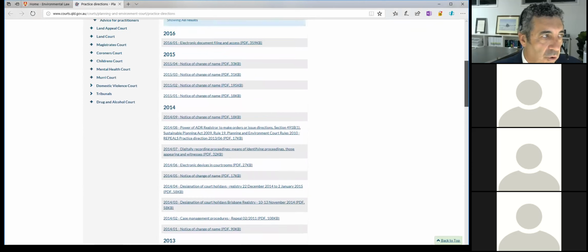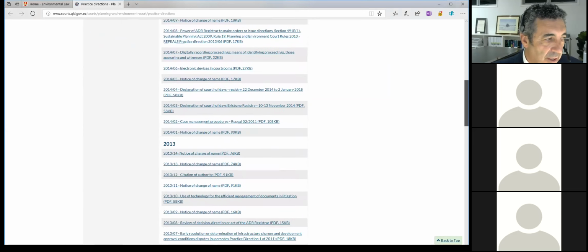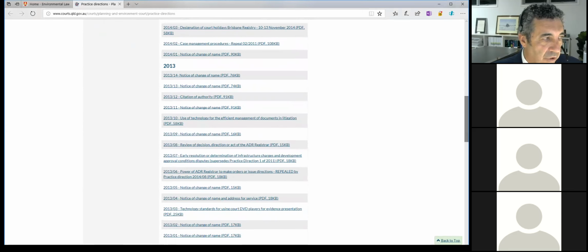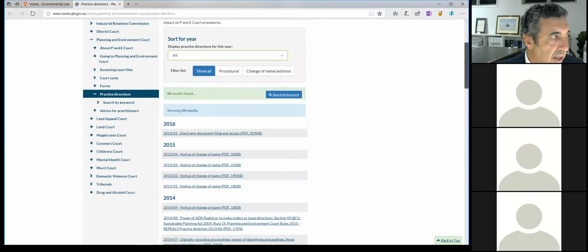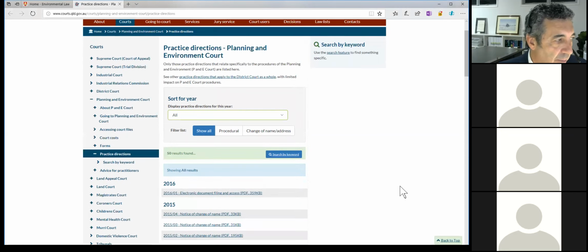You probably need to talk about alternative dispute resolution and perhaps the powers of the ADR registrar to make orders and issue directions in relation to dispute resolution issues. You'll see there's a note that some of these important practice directions do change. So that's an example of practice directions in the Planning and Environment Court.